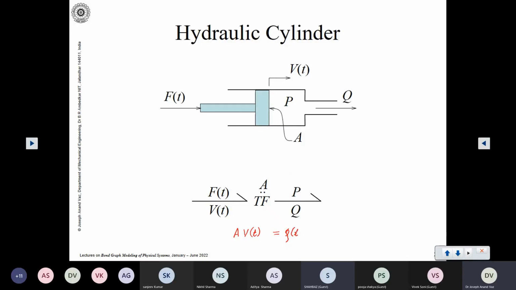Okay, the volume flow rate at the time T. This is as simple as this relationship between two flows. So here you had flow 1 and this is flow 2, and this is effort 1 and this is effort 2.